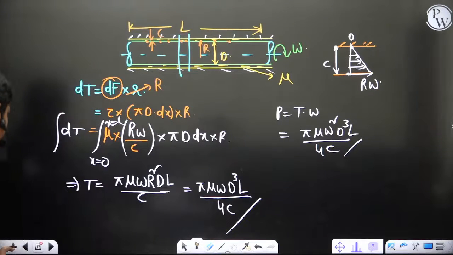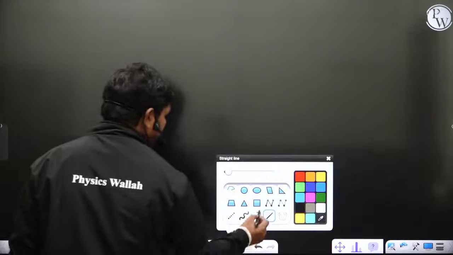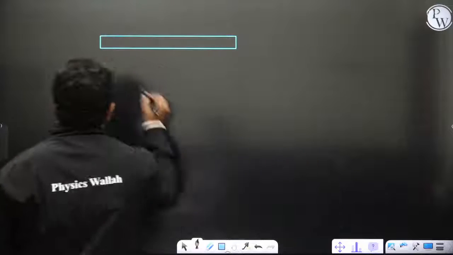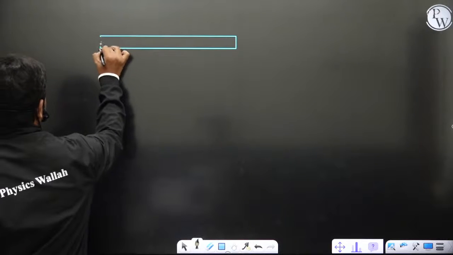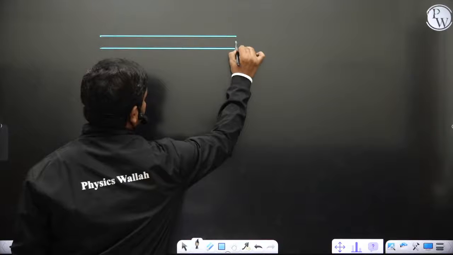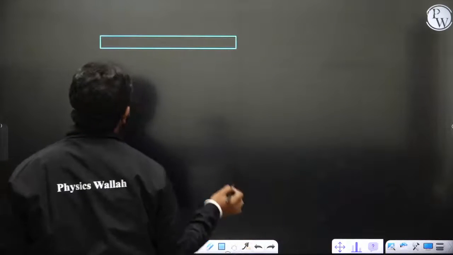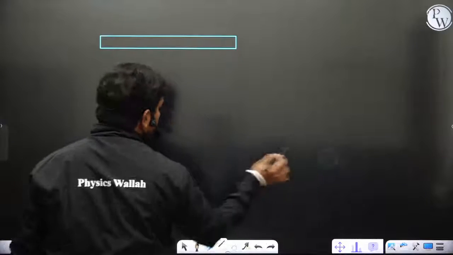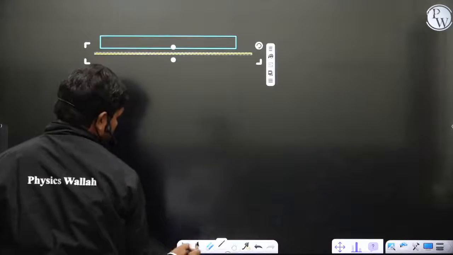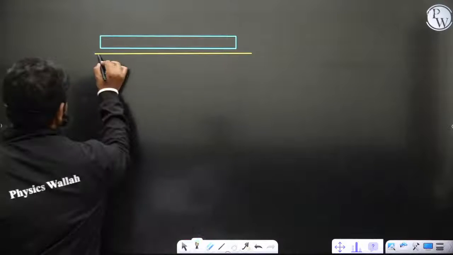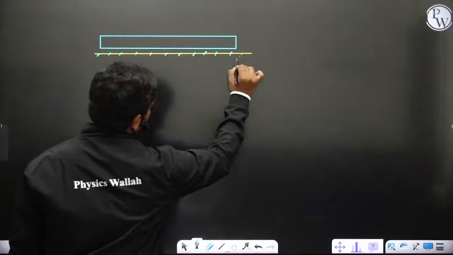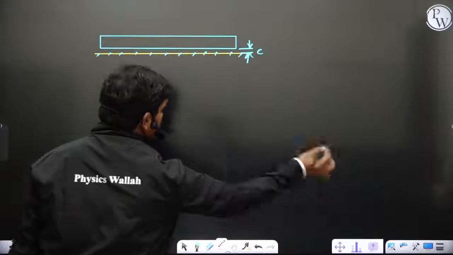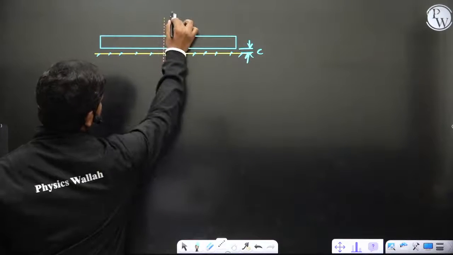Similarly, in the case of a disk, let us see if you have some fixed base like this, with a small clearance C. Let us suppose you have an axis about which this disk is rotating.